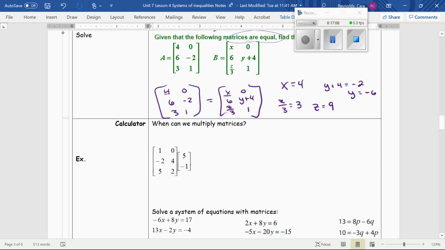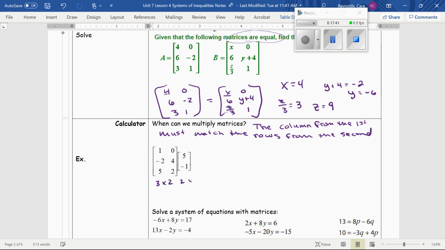When we multiply matrices, the columns from the first one must match the rows from the second. And so this is a 3 by 2, and this is a 2 by 1.